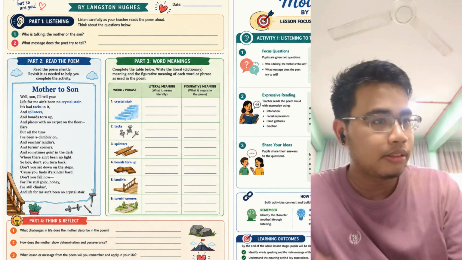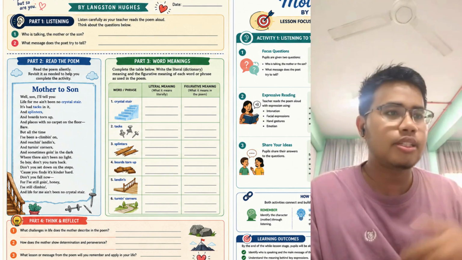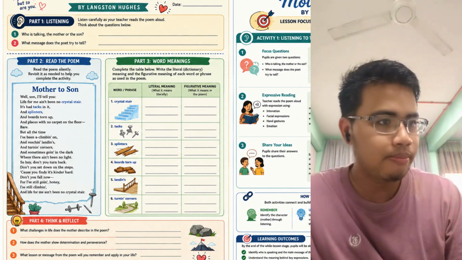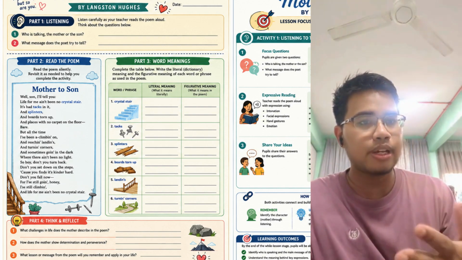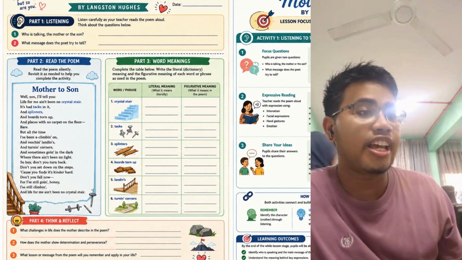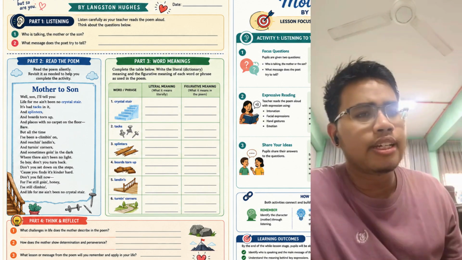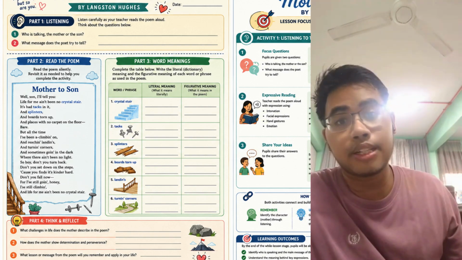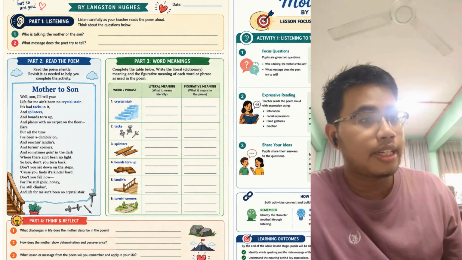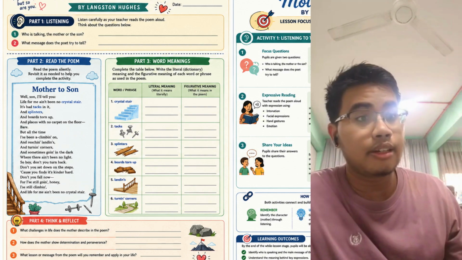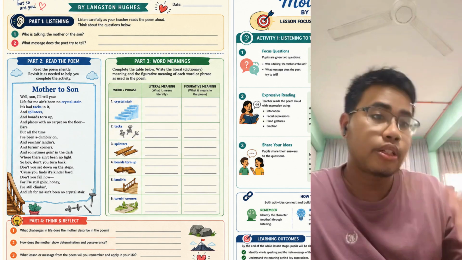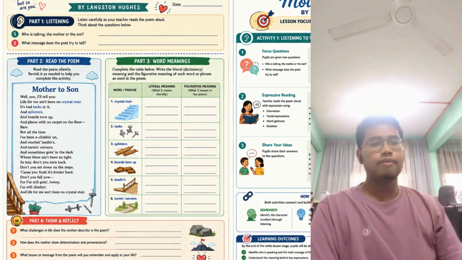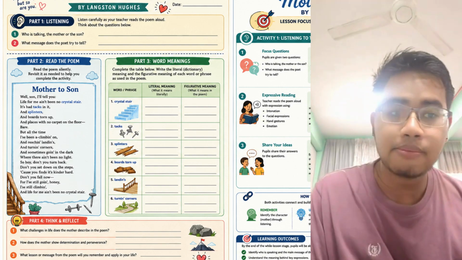Okay, so that happens in this poem, Mother to Son, where expressions like crystal stair, tacks, and splinters carry symbolic meanings that represent life, challenges, and perseverance.